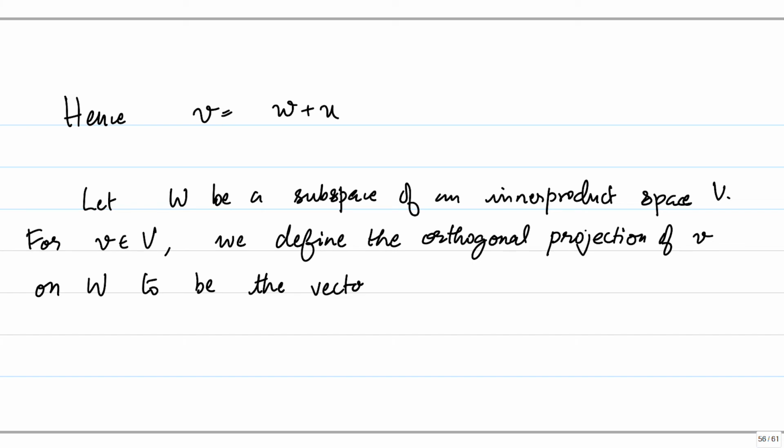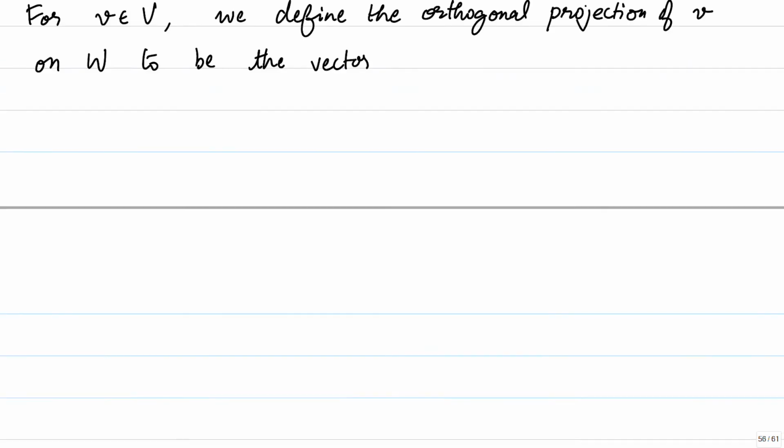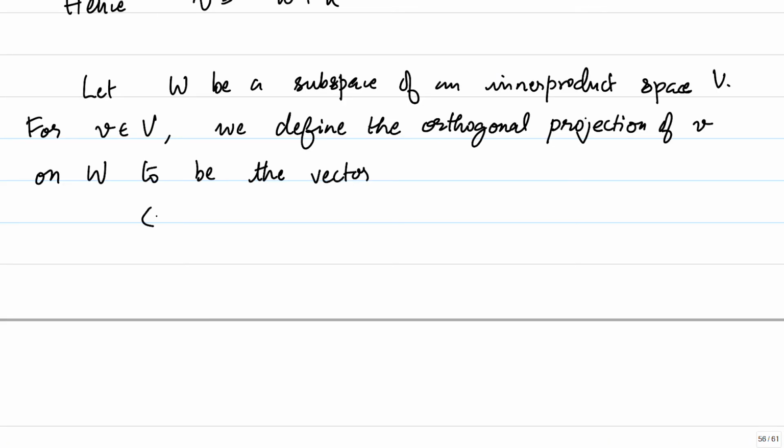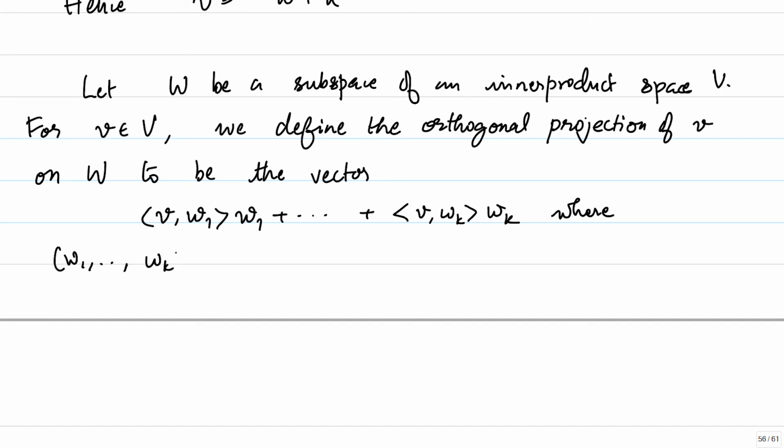And what was small w? It was the inner product of v with w1 times w1 plus up to the inner product of v with wk times wk, where w1 to wk is an orthonormal basis of capital W.